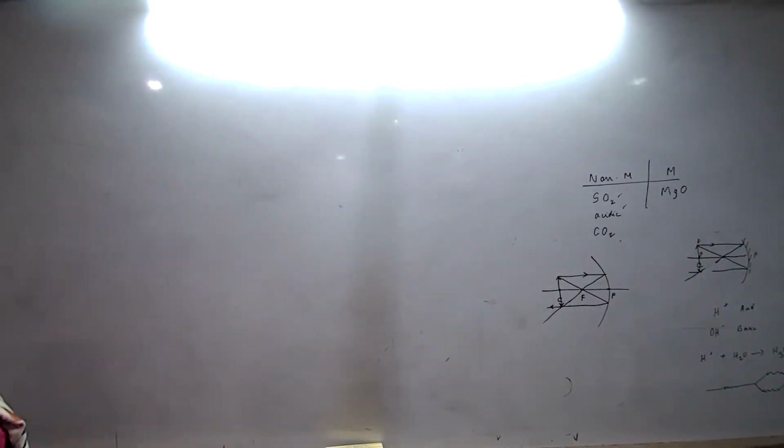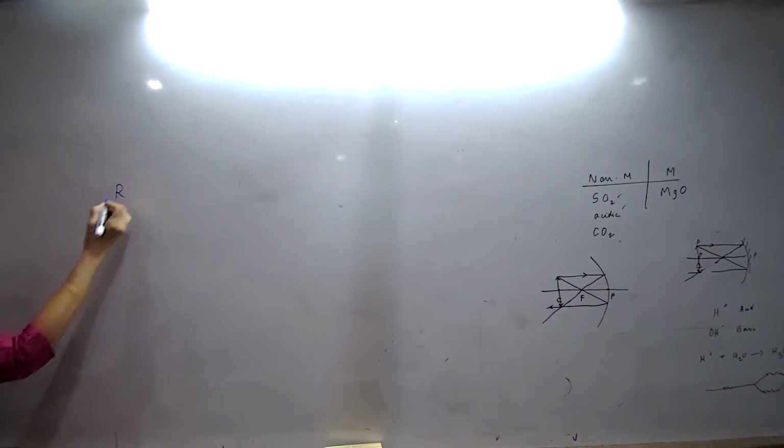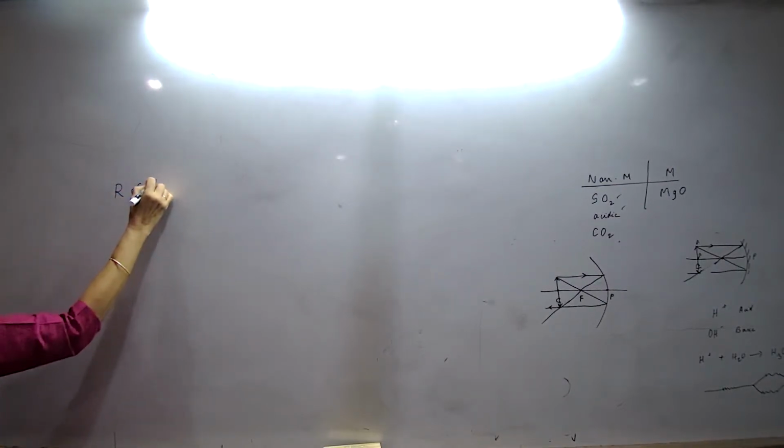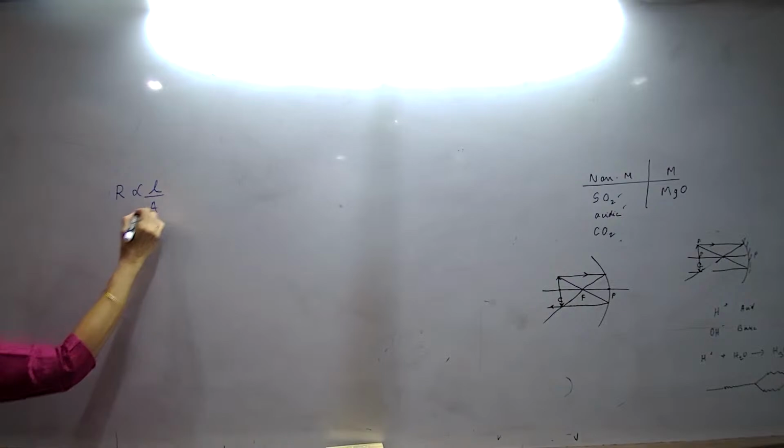Okay. Perfect. We talk about resistance first. Resistance is depending on 2 things: the area and length. If the length is more, what will happen to resistance? It will increase. Directly proportional. It is directly proportional to length, and it is inversely proportional to the area.